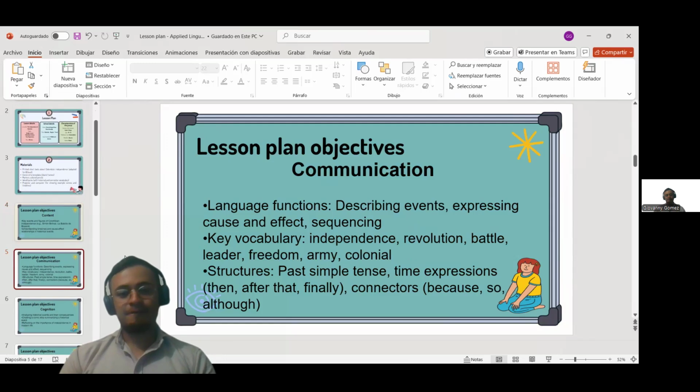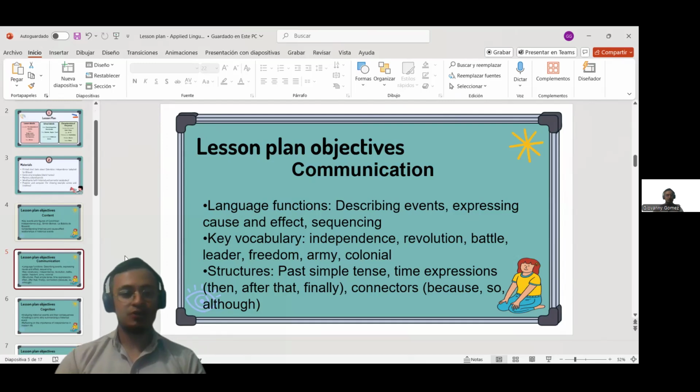Communication: they will be able to describe events, express cause and effect, and use a sequencing method. They will understand some important concepts such as independence, revolution, battle, freedom, army, and colonial.